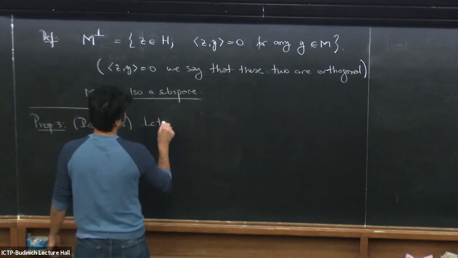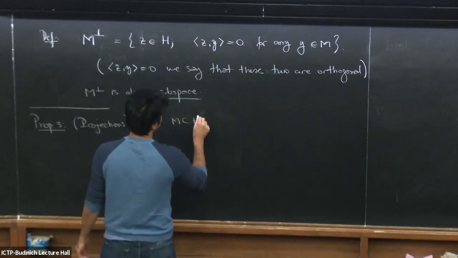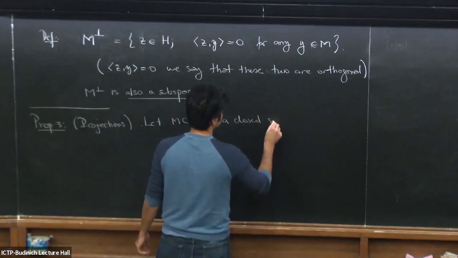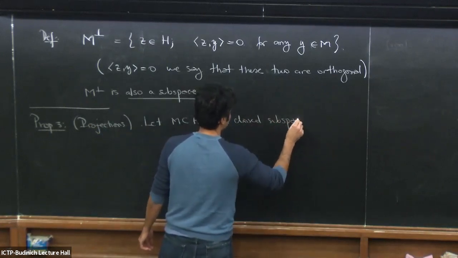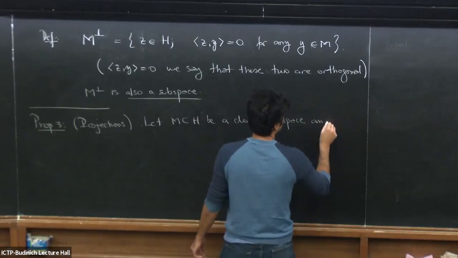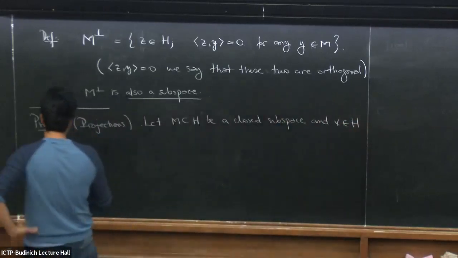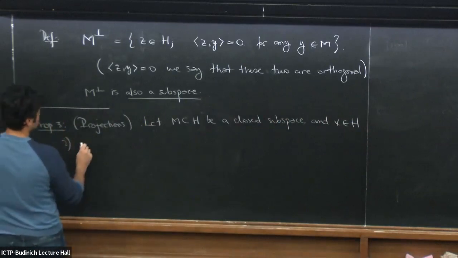So let M be contained in H be a closed subspace, and X be a generic point in H. So I'll make some claims.